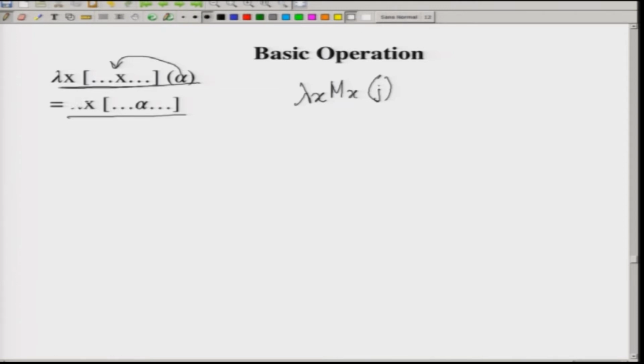So this is one of my typing errors. Now this looks fine. When I give this j to this lambda operator, lambda goes along with x and j comes in, and we are just left with m j. That is it. This is what the lambda operator does.